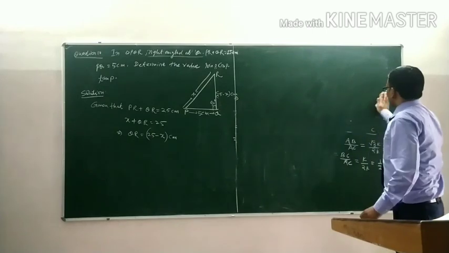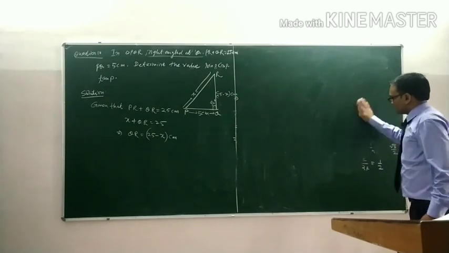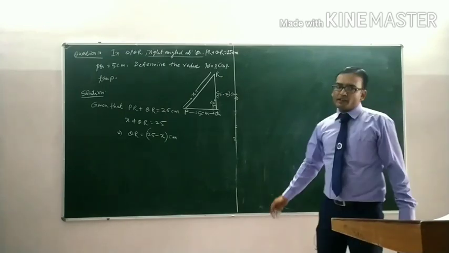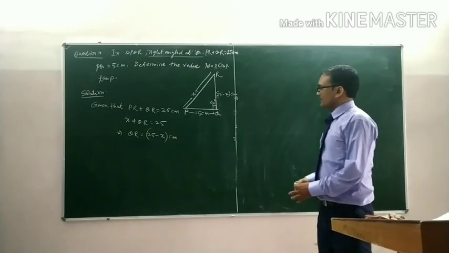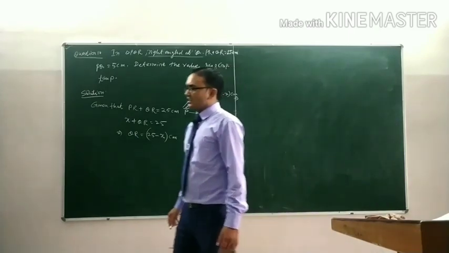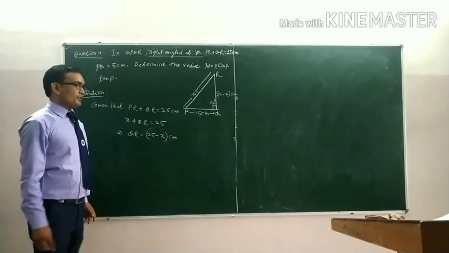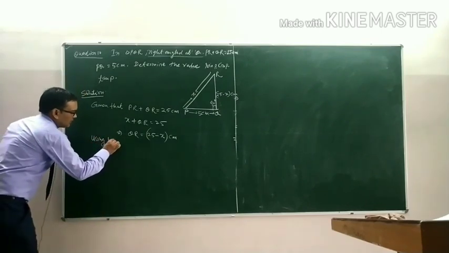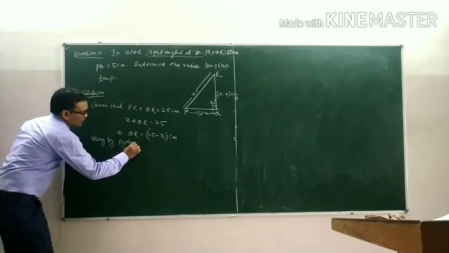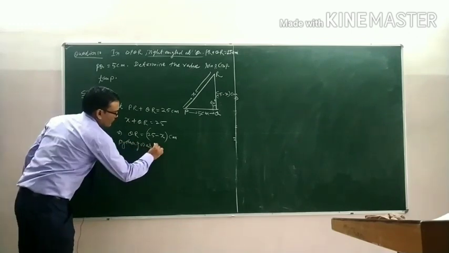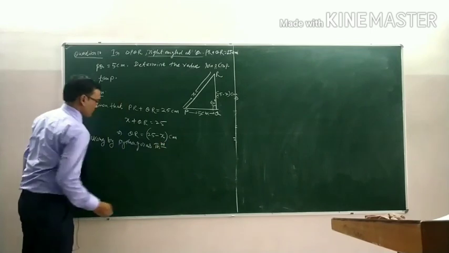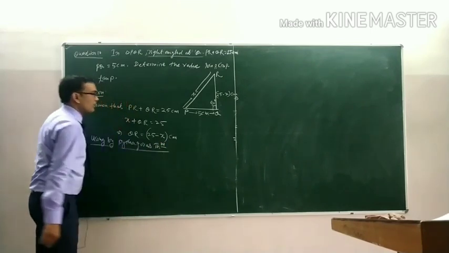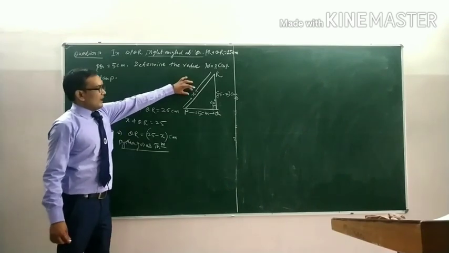PQ is 5 centimeters, QR is 25 minus x centimeters and PR is x centimeters. Now using Pythagoras theorem we find the value of x.